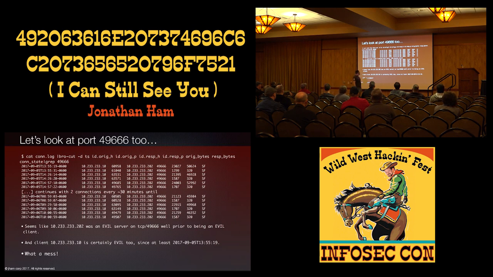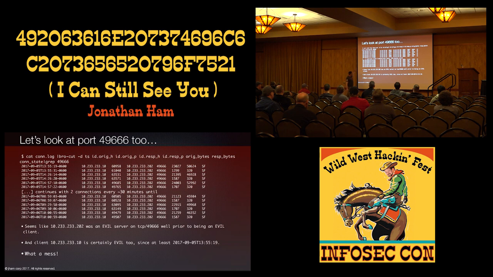Well, I see my evil 202 as the listener always, but now I see a new player connecting out, 10.233.233.10. So looking at just those connections, look at the timing of them. About 2 connections every 30 minutes. They're always 2 together, always about every 30 minutes, and it continues for almost the entirety of the pcap. It was just about a day that all this activity took place.